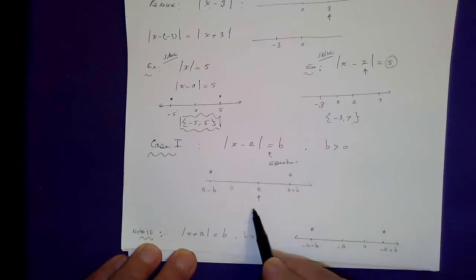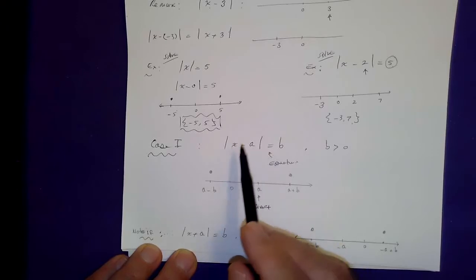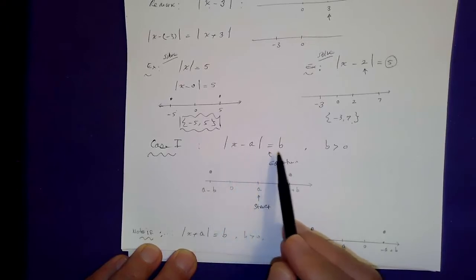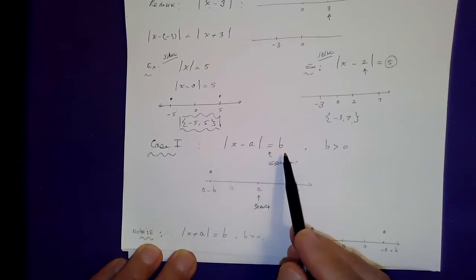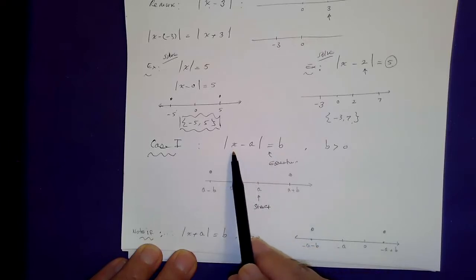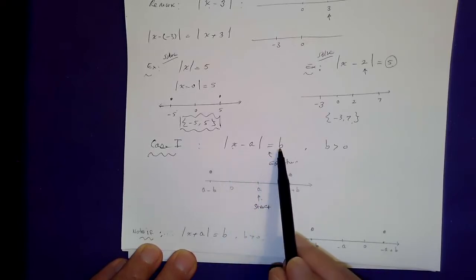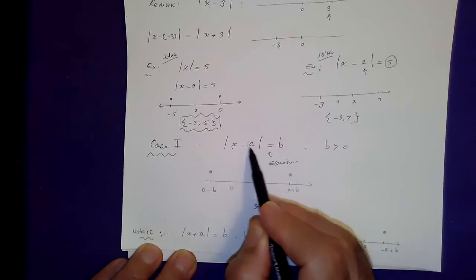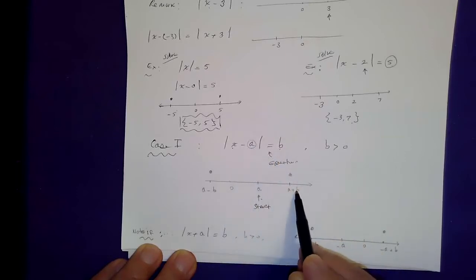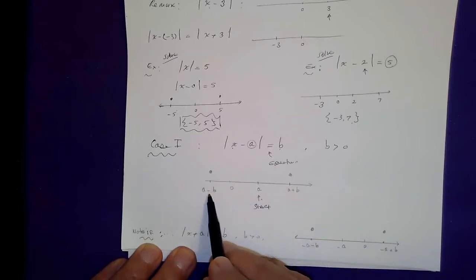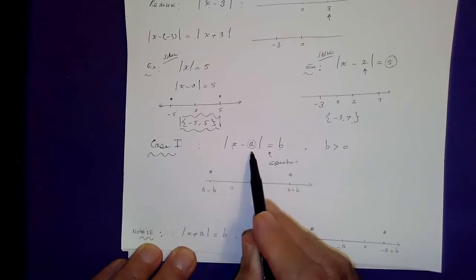So what this says is absolute value of x minus a is equal to b. What that says is the difference between a number and a is b units. So what does that mean? That means from a, you go b units to the right and b units to the left from a.